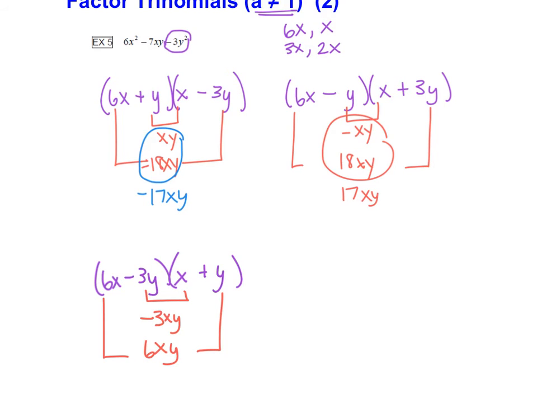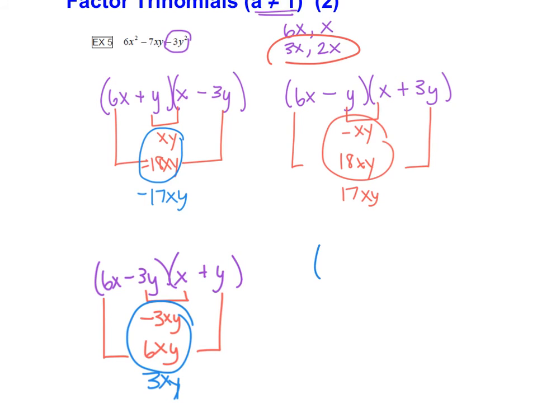So we want that to combine. That's going to combine to a 3xy, and we're looking for it to be 7, so we're not there yet. At this point, what I see right here is when I switched the signs, it kept this middle part pretty similar. So I'm going to move on to the 2x and the 3x.